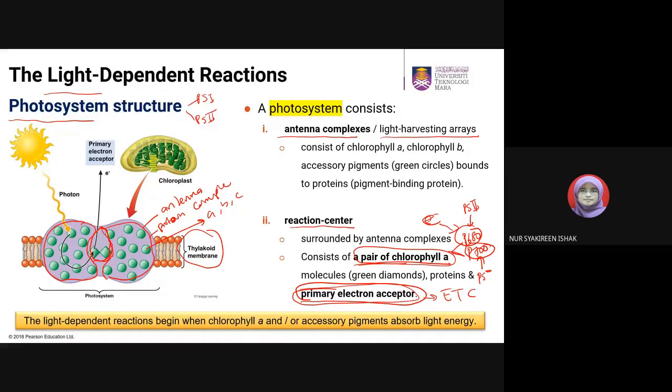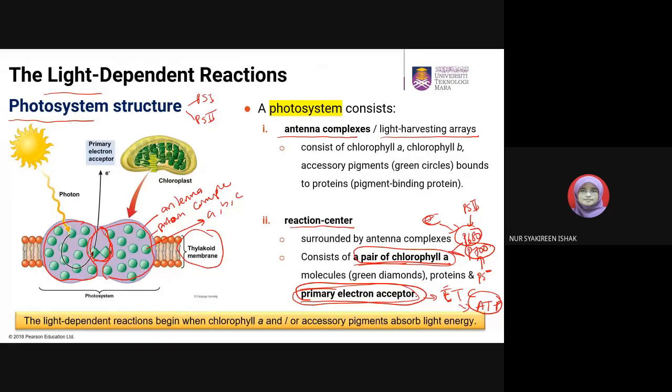So when the electrons are passed along the ETC, the electrons will release energy, and the energy is used to synthesize ATP. Okay, so this is chemiosmosis. Ingatlah, dalam proses fotosintesis dan juga dalam proses cellular respiration akan melibatkan penghasilan ATP melalui the transfer of electrons dan juga chemiosmosis. Okay, cuma dia punya location dia je yang berbeza.